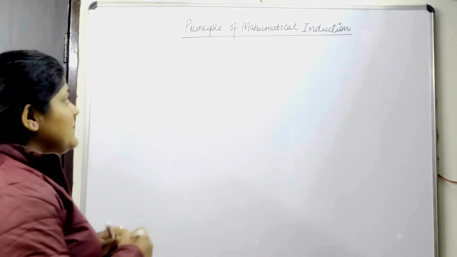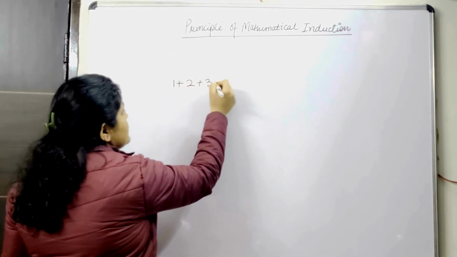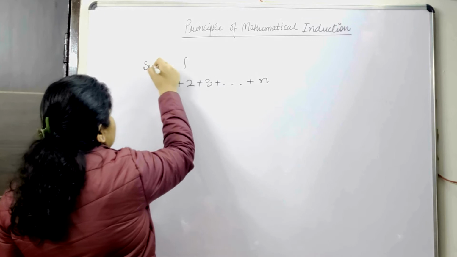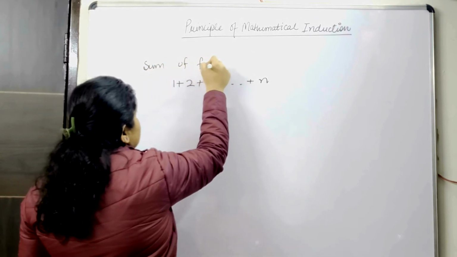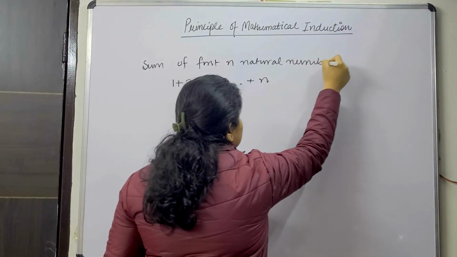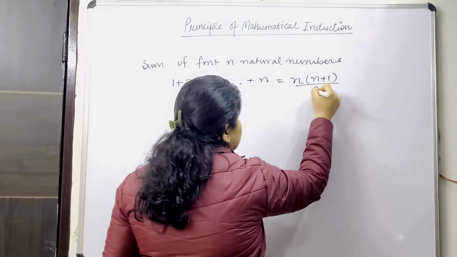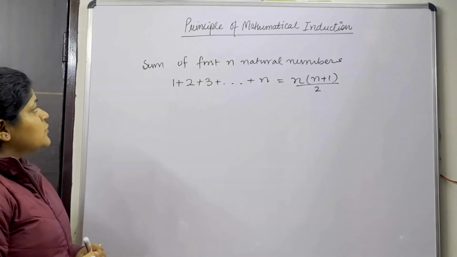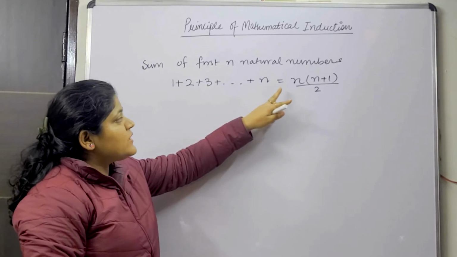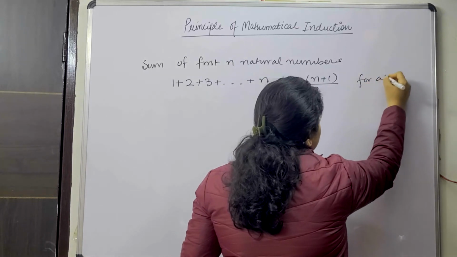For example, suppose we have this formula: the sum of the first n natural numbers, 1 plus 2 plus 3 up to n, is equal to n(n plus 1)/2, and this formula is true for all natural numbers.